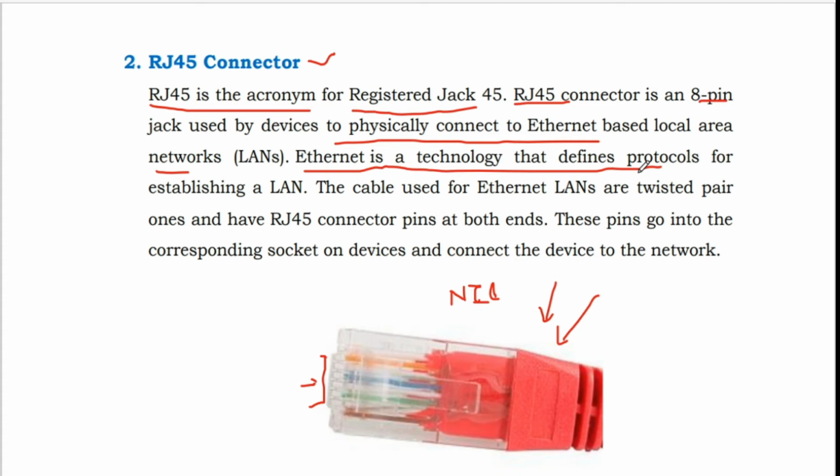Protocols are nothing but a set of rules and regulations for establishing a local area network. The cable used for Ethernet LANs is twisted pair, and you have your RJ45 connector pins at both ends. These pins go into the corresponding socket on the device and connect the devices to the network.